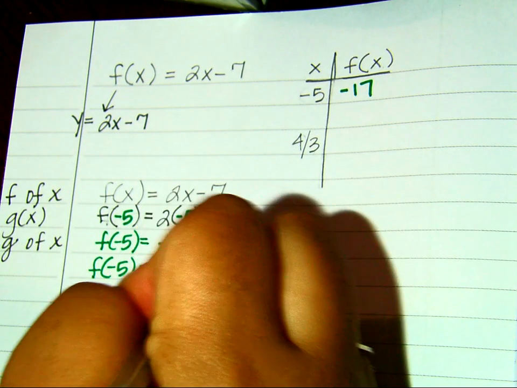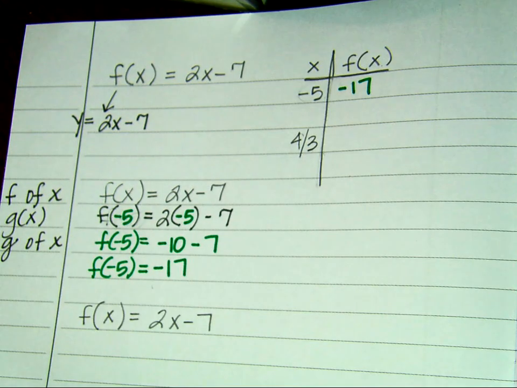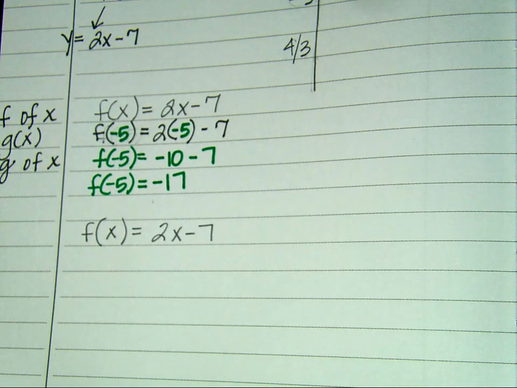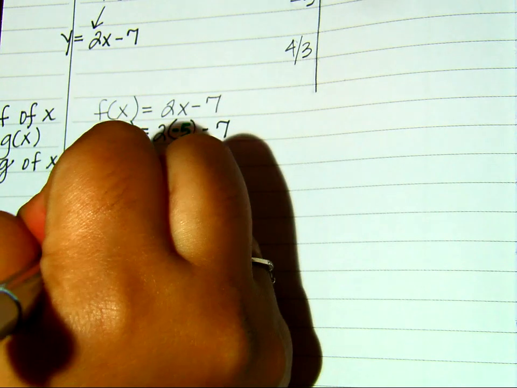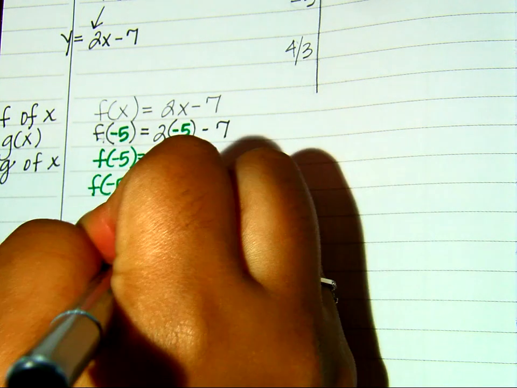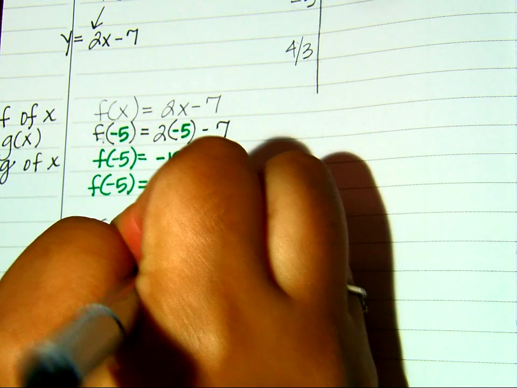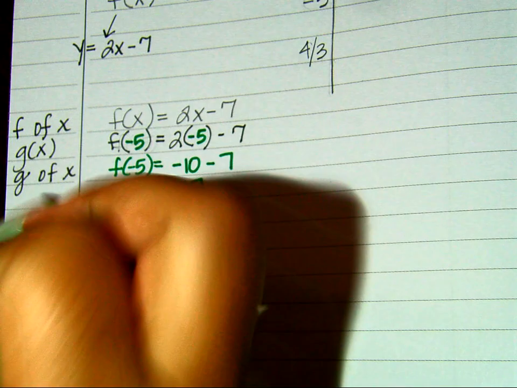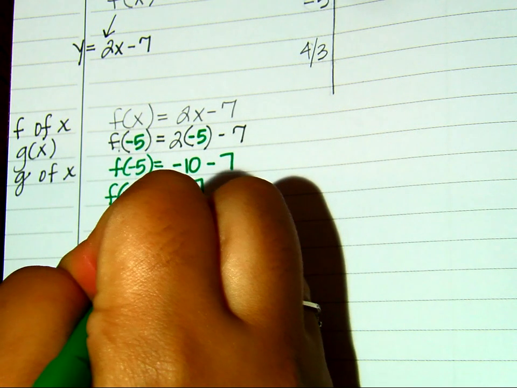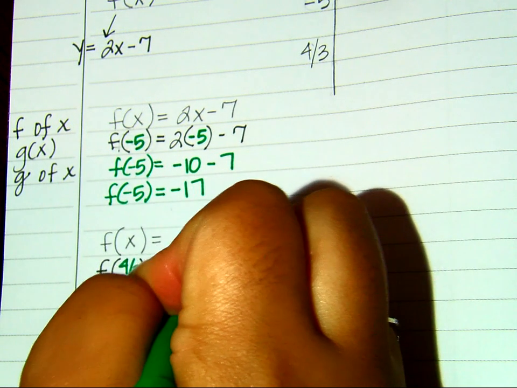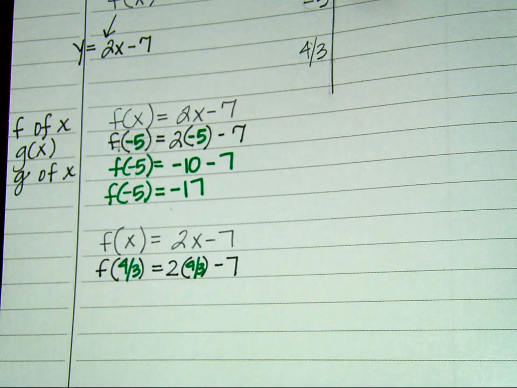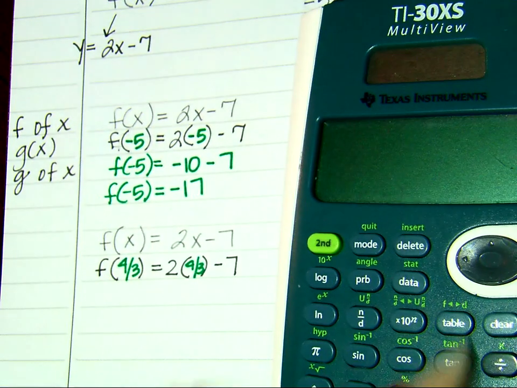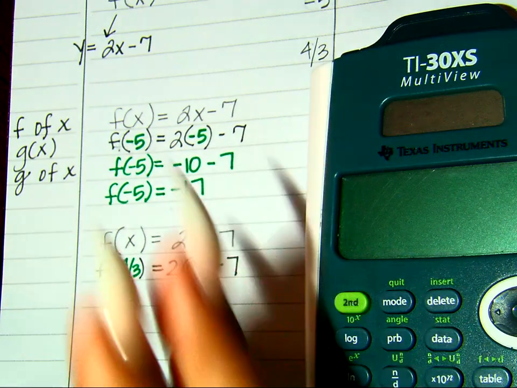All right, so let's go ahead and do the second value, which is 4/3. And remember, do not be afraid of having fractions or decimals. All right, so I'm going to put the function of 4/3. Okay, so I'm going to use my calculator now because I have a fraction.